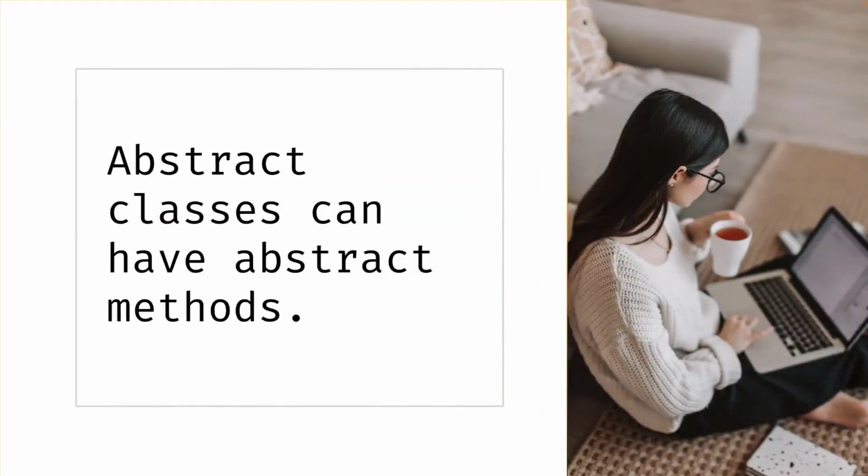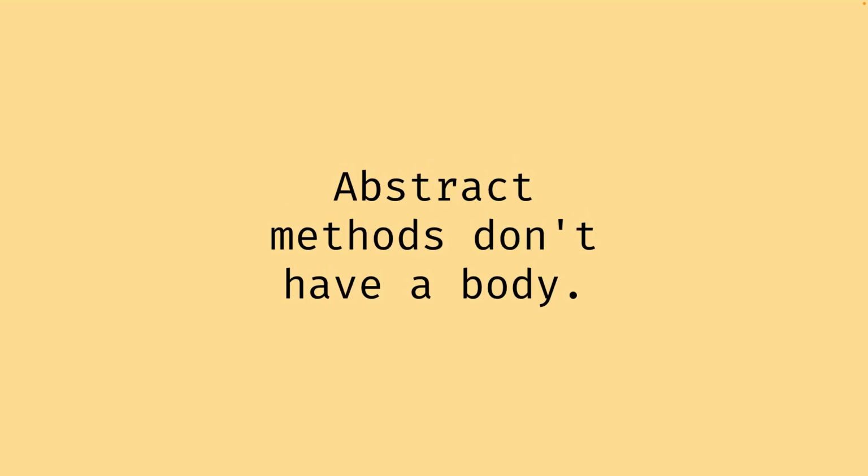So not being able to instantiate it with a new keyword is already an advantage, but it comes with some more functionality. I can give an abstract class abstract methods. Abstract methods don't have a body. We've actually seen these in the interfaces already, but just like they're implicitly public, they're implicitly abstract as well.